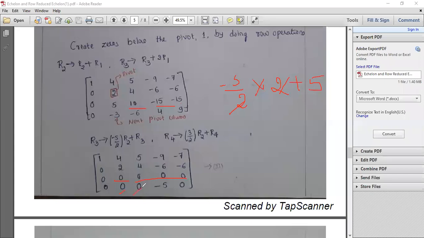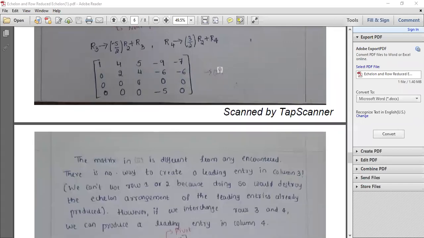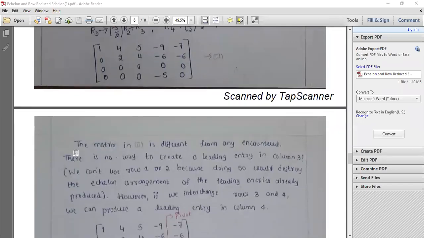For each element you try, you'll be getting this element. Okay. I'm just writing these calculations. Once you are practicing, try to do these calculations and cross verify the answers. Now I'm getting all the elements 0, and in the last row I'm getting minus 5. Let me denote it as second. So this second matrix is different from any encountered one.